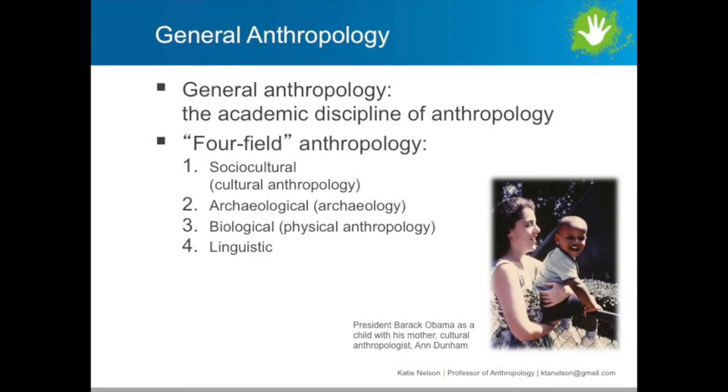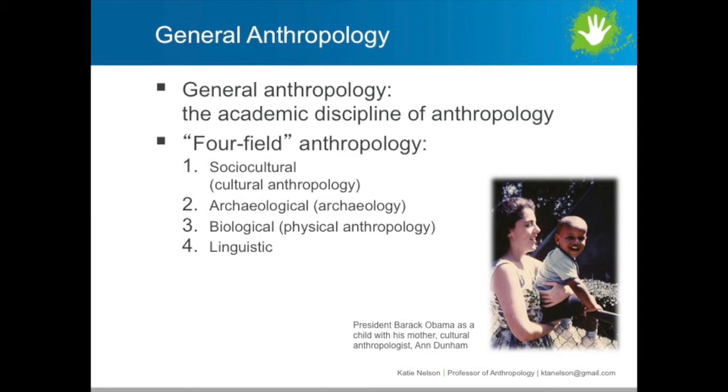Slide 8. General anthropology in the United States, also known as the academic discipline of anthropology, or otherwise known as four-field anthropology, includes these four subdisciplines.